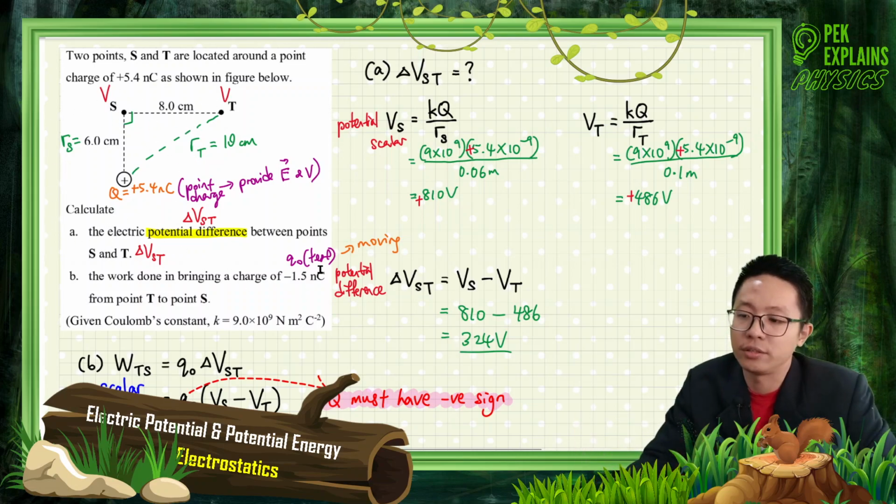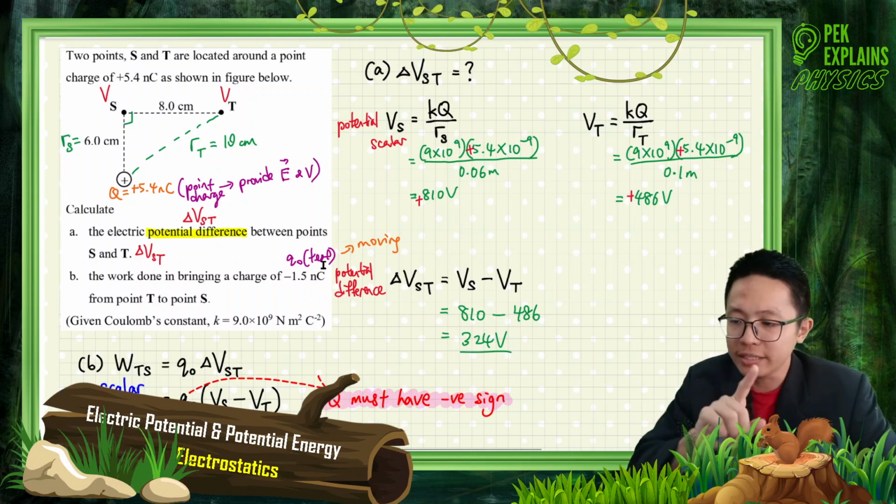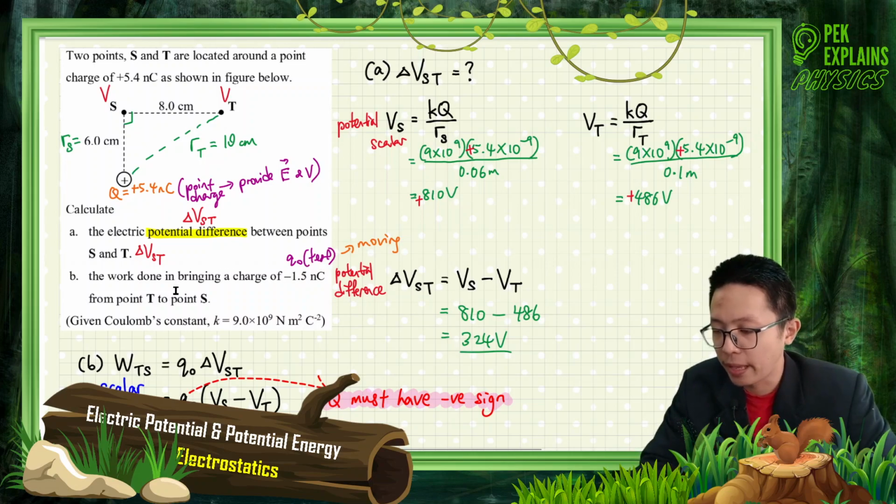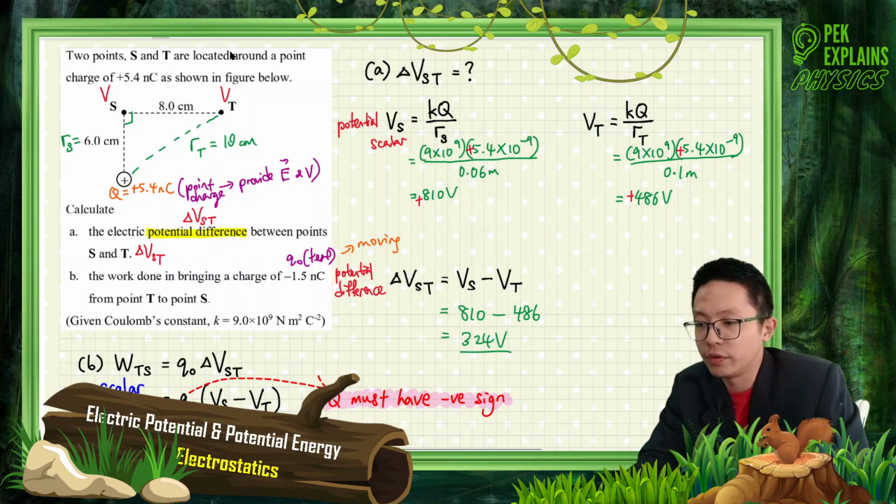But the test charge is the one that is moving around, inside the electric field provided by the point charge. You understand? Now, where is this test charge moving? The test charge is moving from T to S.